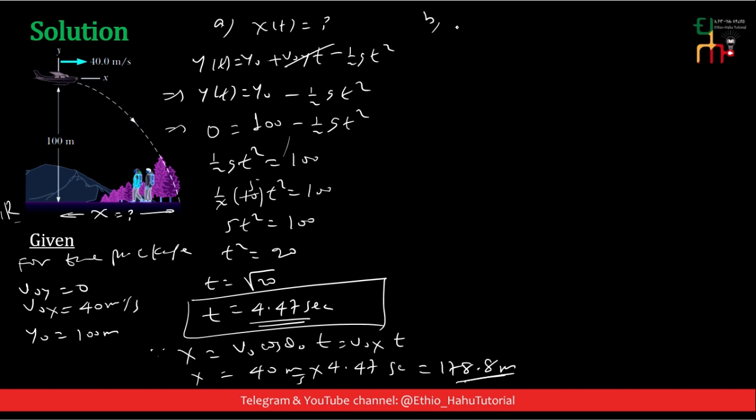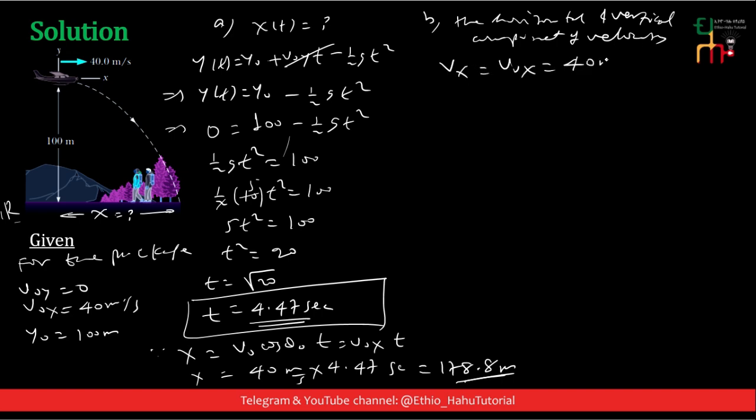B, the horizontal and vertical component of the velocity. The horizontal component of the velocity and vertical component of velocity. Vx is equal to v naught x, which is equal to 40 meters per second, because along the horizontal direction there is no net force acting on the package, so that the horizontal component of the projectile motion is constant motion.